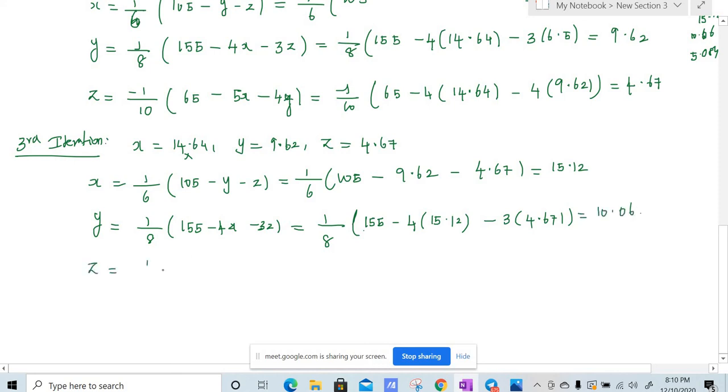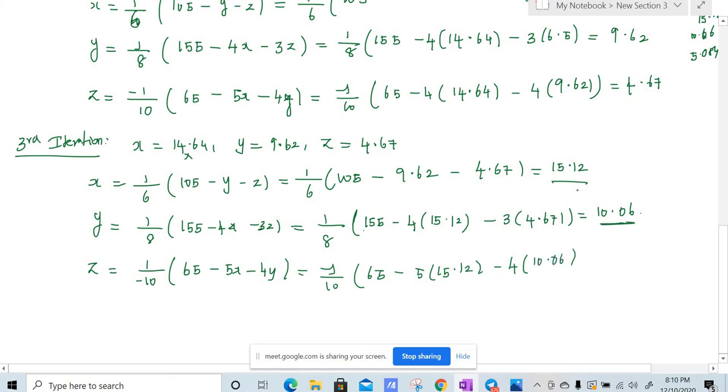And our z is minus 1 by 10 into 65 minus 5x minus 4y. This will be minus 1 by 10 into 65 minus 5 into the updated value for x, 15.12, minus 4 into the updated value for y, 10.06. You should use these values for x and y, always the latest value. So this will be 5.084. Now we'll move on to the fourth iteration.